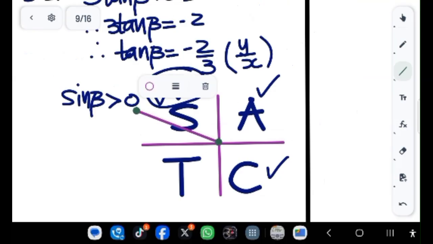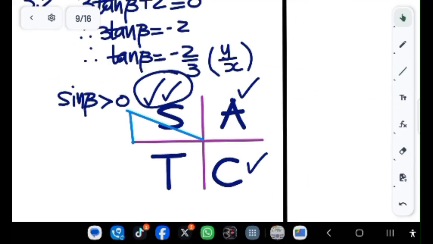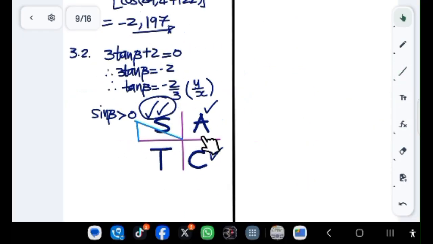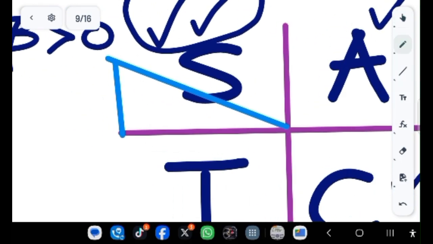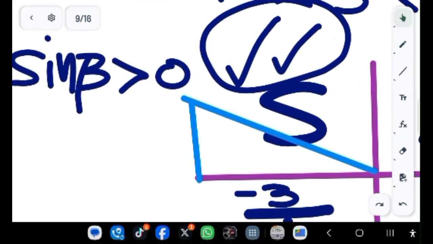Now let's draw the shape. All right, this is the little triangle. So our x coordinate will be negative, meaning that x is the negative part. So the coordinates of this point will be negative 3, positive 2.